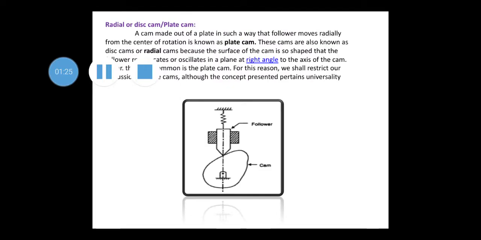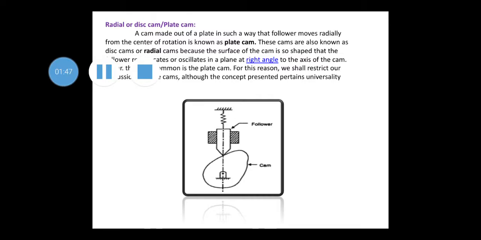Let's see about the radial or disc cam. In this type, as we can see in the figure, the working surface of the cam is designed such that the follower moves in a plane perpendicular to the axis of the cam, performing reciprocating or oscillating motion.